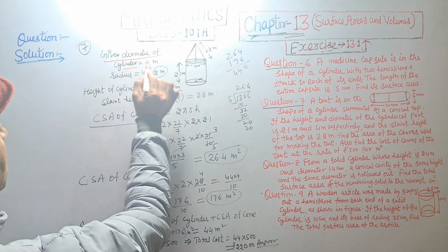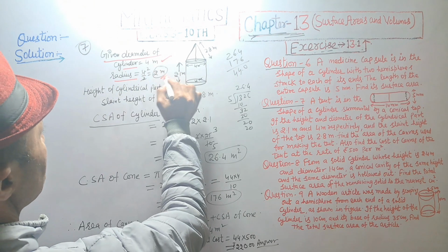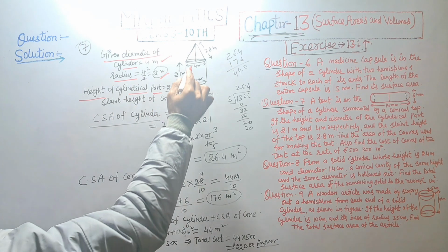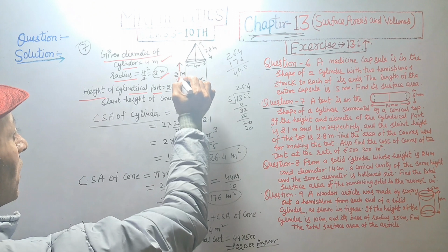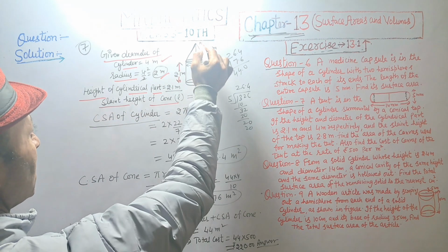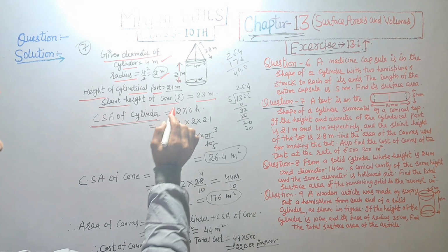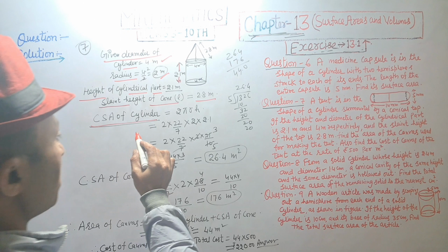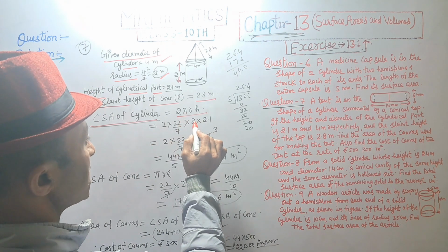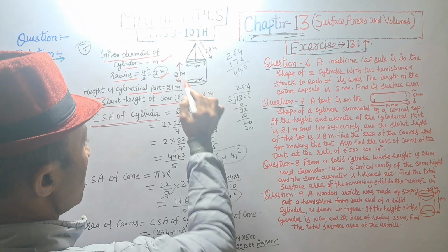Given diameter of cylinder is equal to 4 meter and its radius is half of diameter, that is 2 meter. Height of cylindrical part is 2.1 and slant height of cone is given as 2.8 meter. Curved surface area of cylinder is 2 pi r h, 2 into 22 upon 7 into radius 2 and height 2.1.